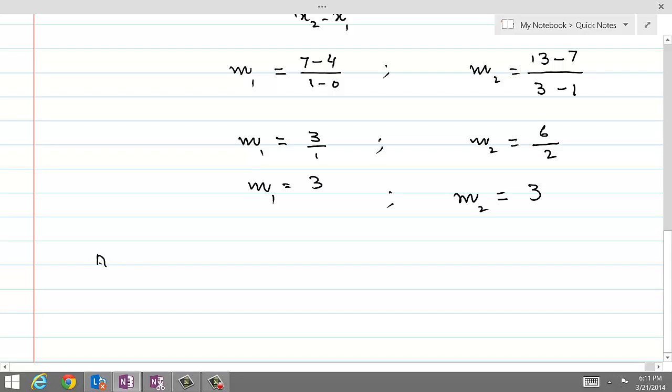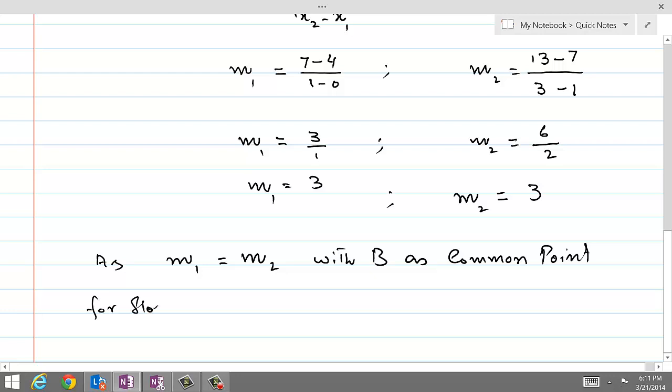As M1 is equal to M2 with B as common point for slope of AB and BC.